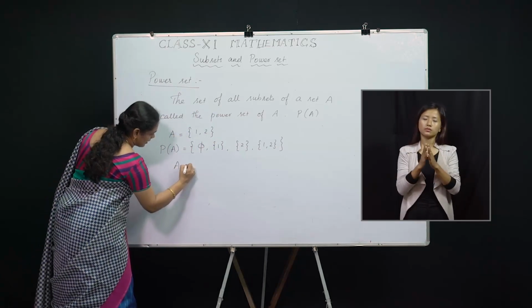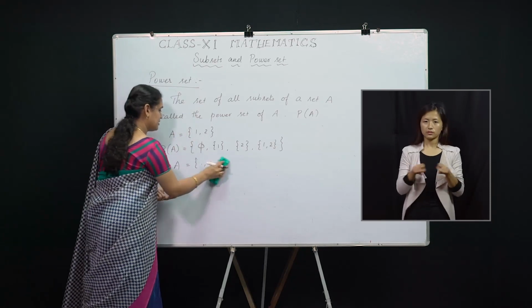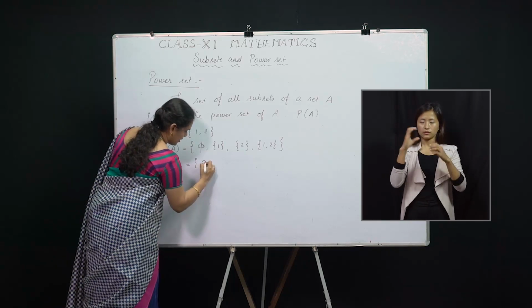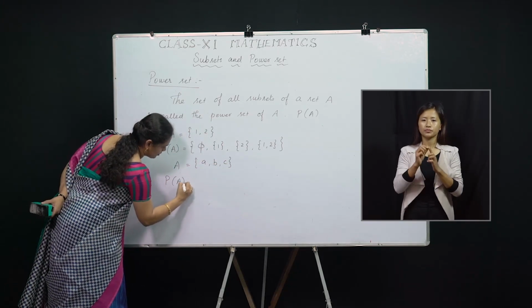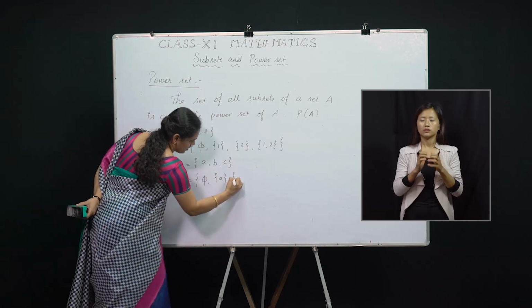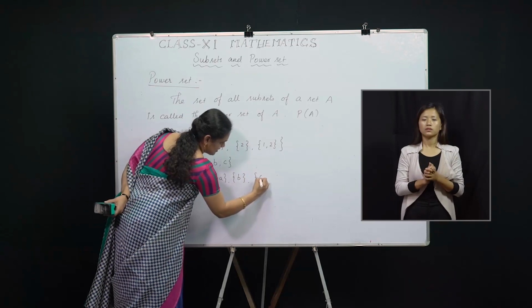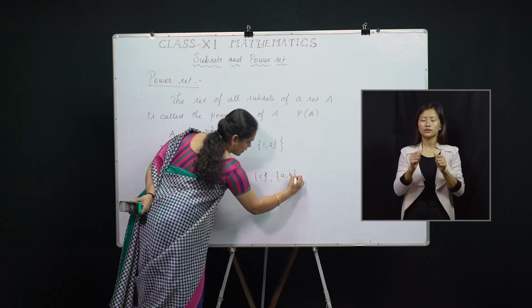And let us take A as {1, 2, 3}. Let me take {a, b, c}. And here P(A) will be: the first one will be phi, and here {a}, {b}, then {c}, and we have {a, b}, right?